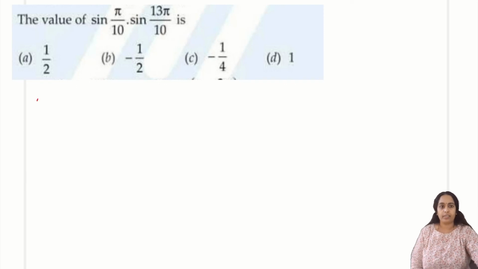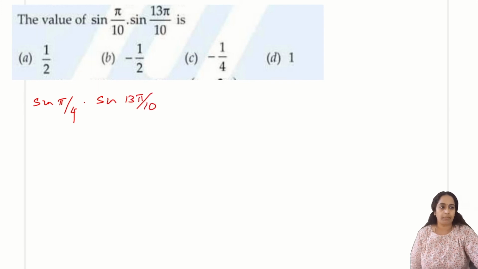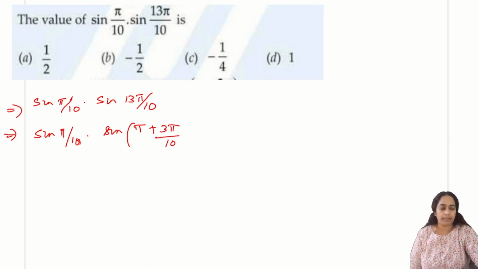Value of sine pi by 10 sine 13 pi by 10. Pi by 10 is there in the question. So sine 13 pi by 10 can be written as sine of pi plus 3 pi by 10.